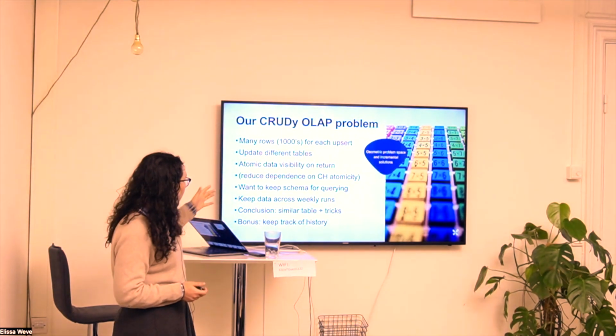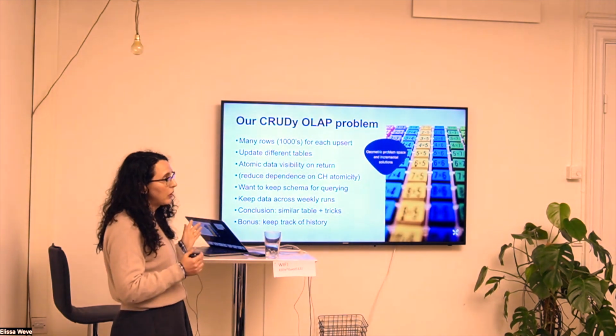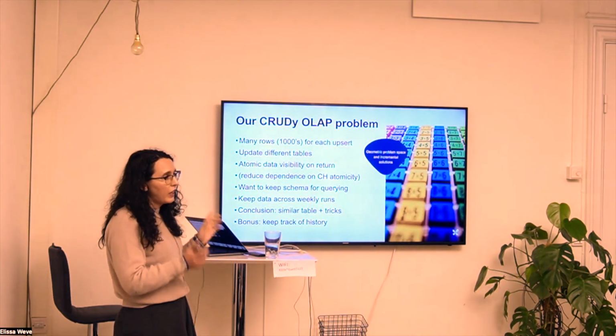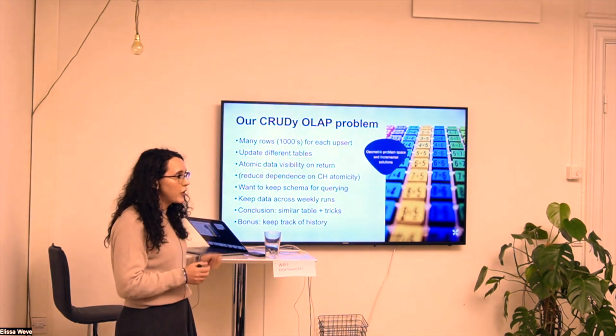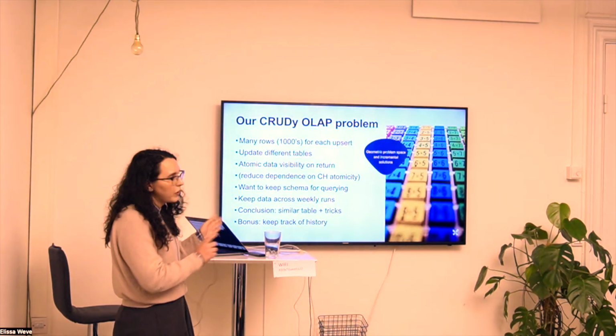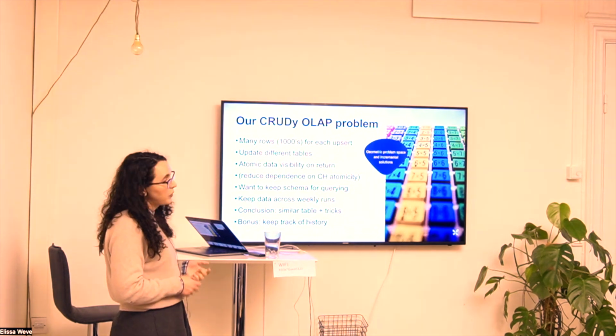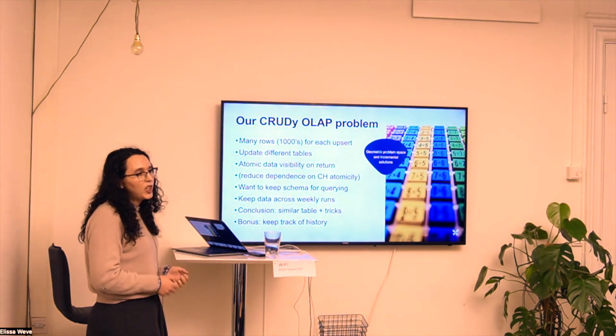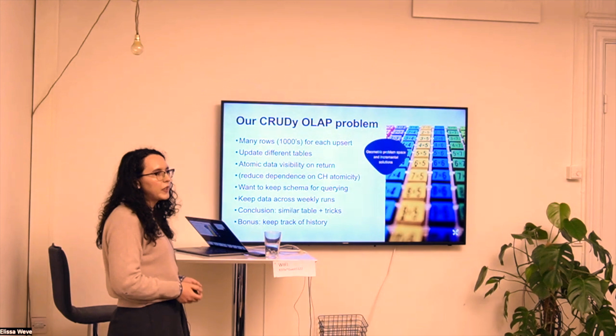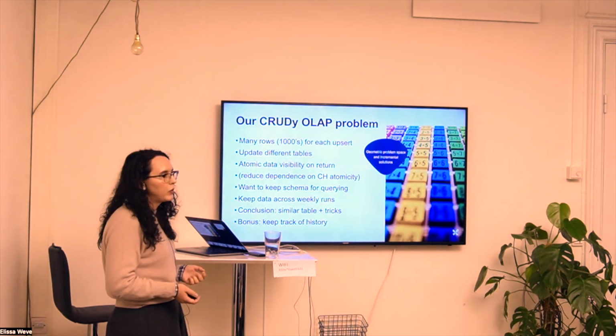And the conclusion we came to was that we'll use a similar table, basically add a couple of columns for the extra stuff we need for planning. And then we are going to do some tricks that I will show you in just a minute. And as a bonus from the solution, we got a way to keep track of the history. So if you don't like the changes you made, you can go back and view the old version.